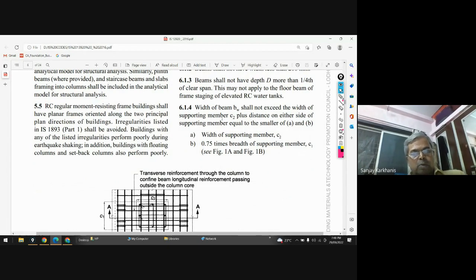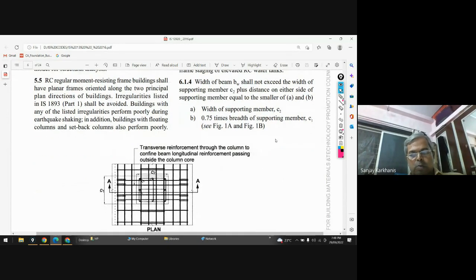Okay. Now, normally, many times this is the situation. Let's say you are having a column like this. This is your column. Let's say this column has a size of, say, 300 by 600, and for that you are having the width of the beam.